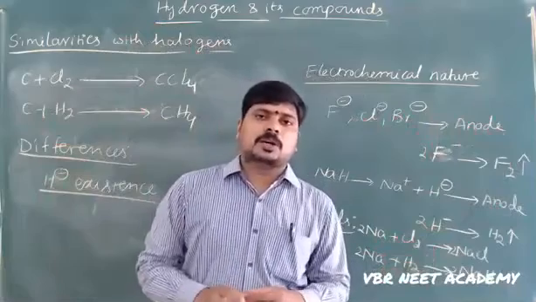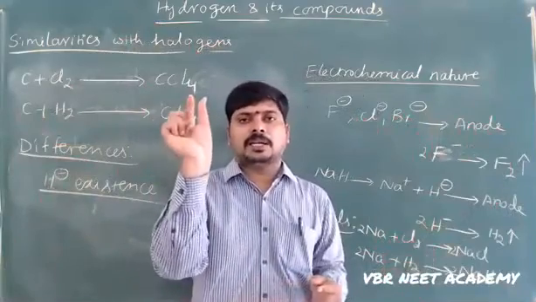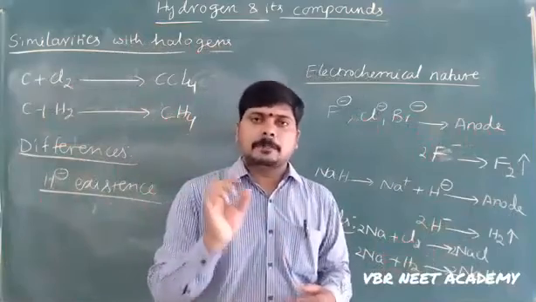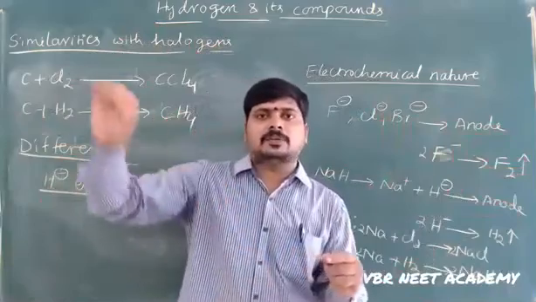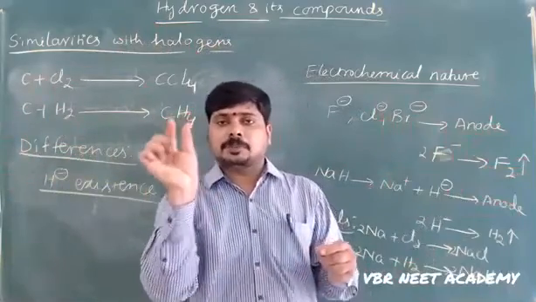That's why we place the position of hydrogen at the center of the periodic table. It is placed along with the first period only, but we are not placing it along with alkali metals or along with halogens. We place hydrogen at the center of the periodic table.